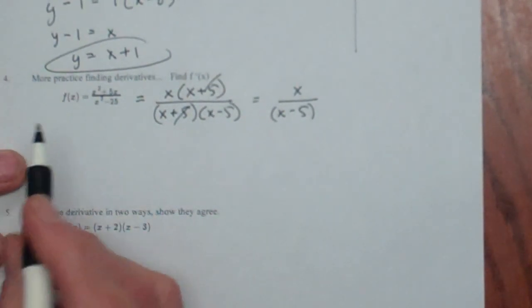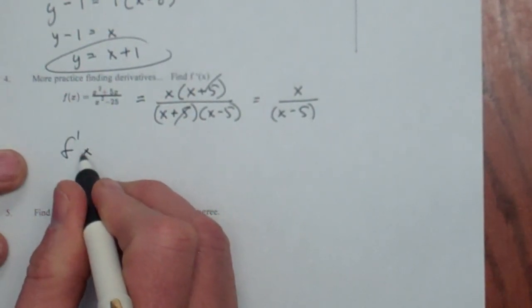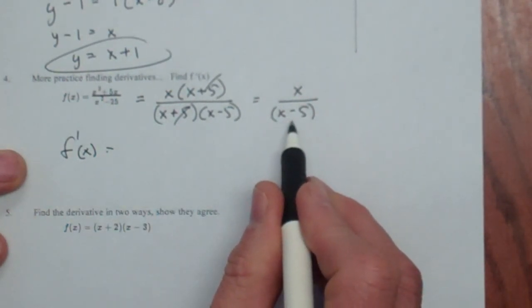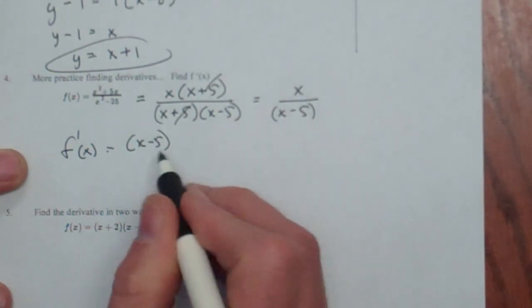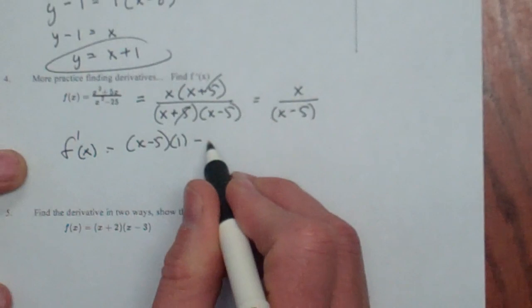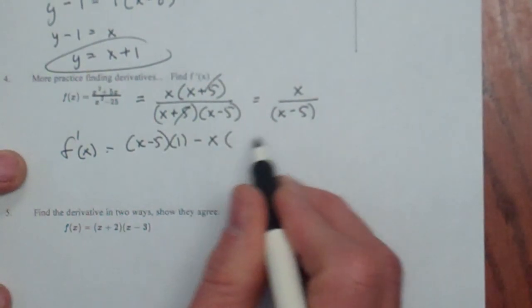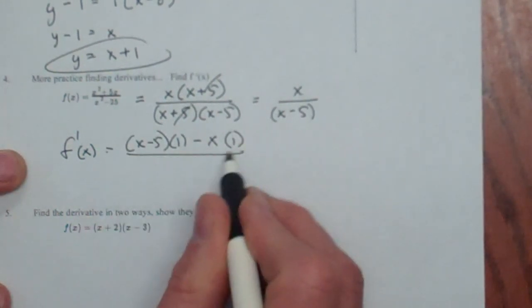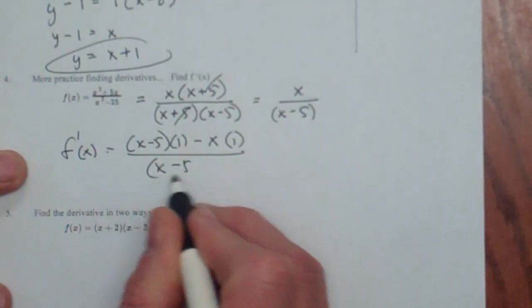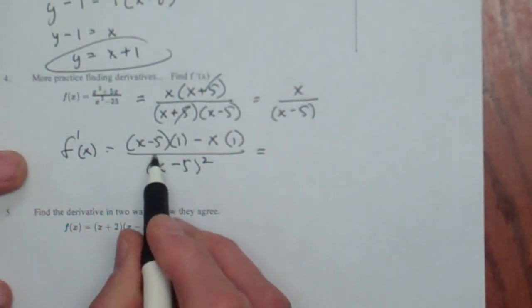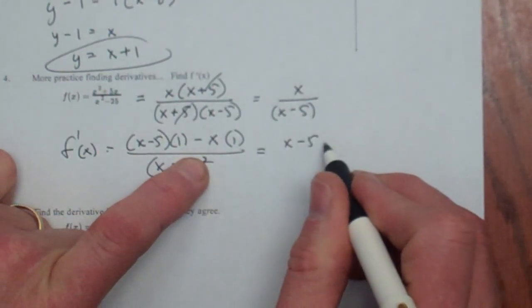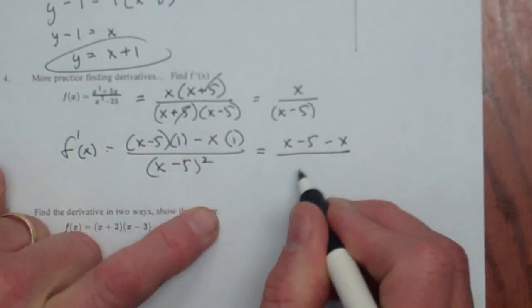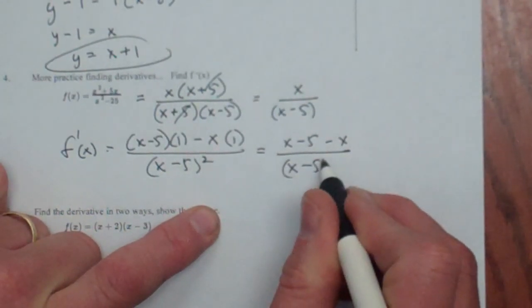So really, you can take the derivative of this, which is the bottom, x minus 5 times the derivative of the top, 1, minus the top x times the derivative of the bottom, which is 1, all over x minus 5, the bottom, squared. So this becomes x minus 5 minus x over x minus 5 squared.